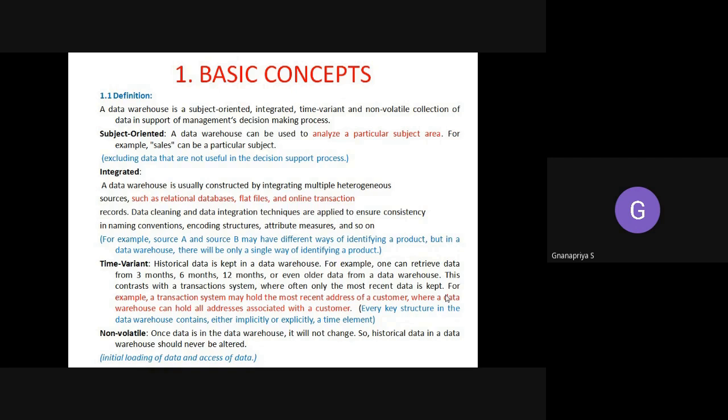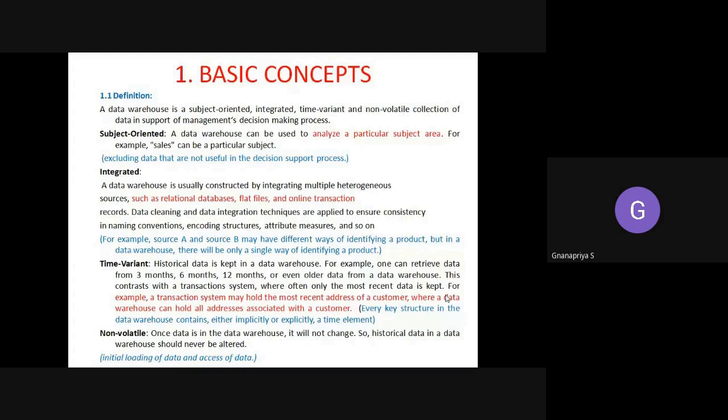So the fourth characteristic is that it is said to be non-volatile. Volatile is not permanent, whereas non-volatile means the data will persist permanently in the warehouse. That's why we have historical data in the warehouse.